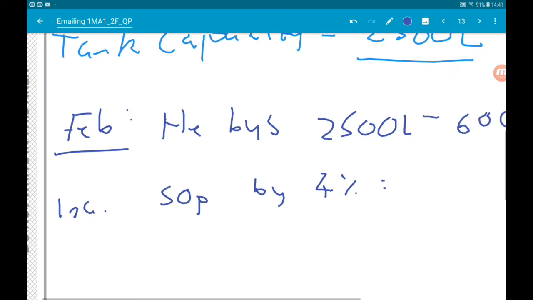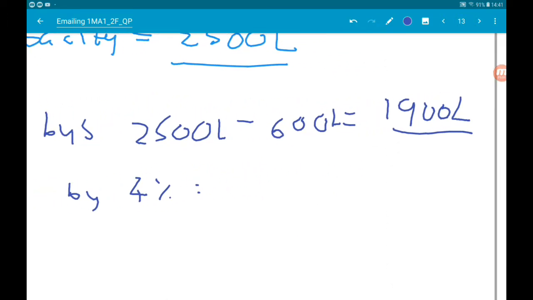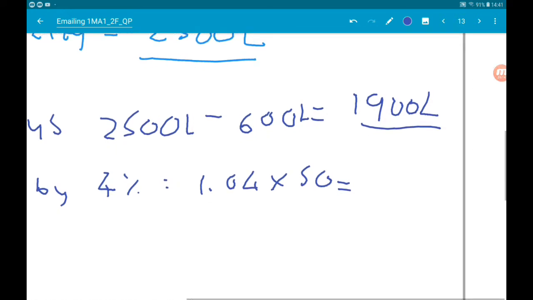So to do that, when you've got a calculator, you can do 50 times 1.04. Or you can divide it by 100 to find 1%, then multiply that by 4. So, if we do 1.04 times 50, we get 52p.